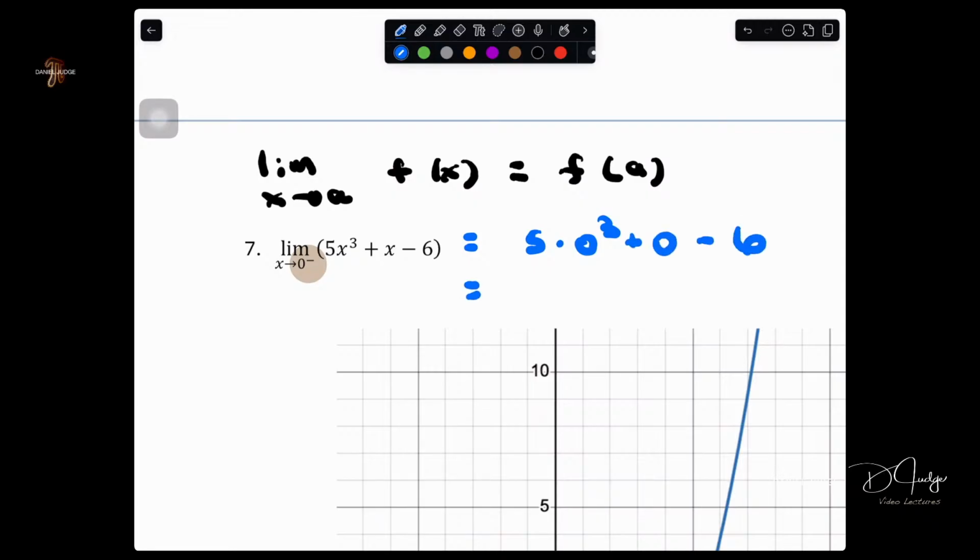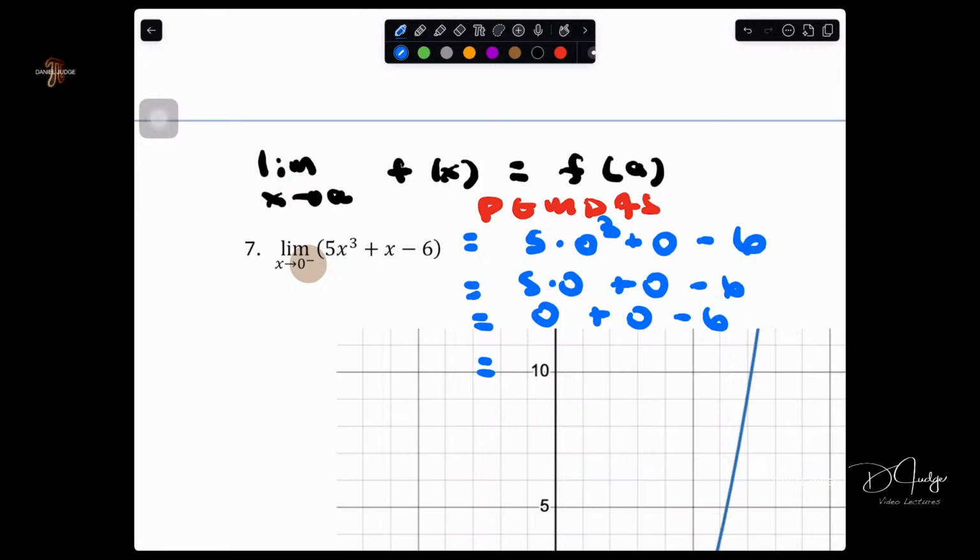And so you just simply use order of operations: Please Excuse My Dear Aunt Sally. So now you get 5 times 0 plus 0 minus 6. 5 times 0 is 0, plus 0 minus 6. So ladies and gentlemen, the answer is going to be simply negative 6.